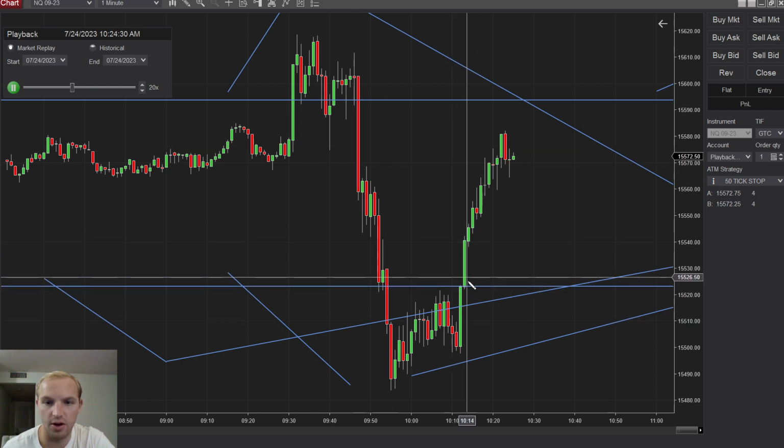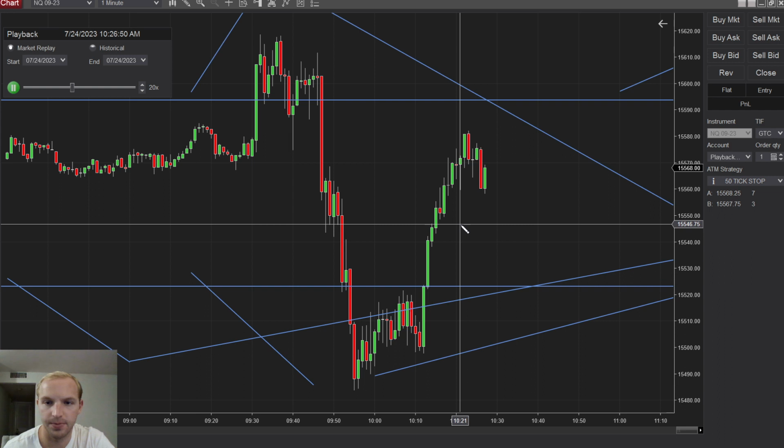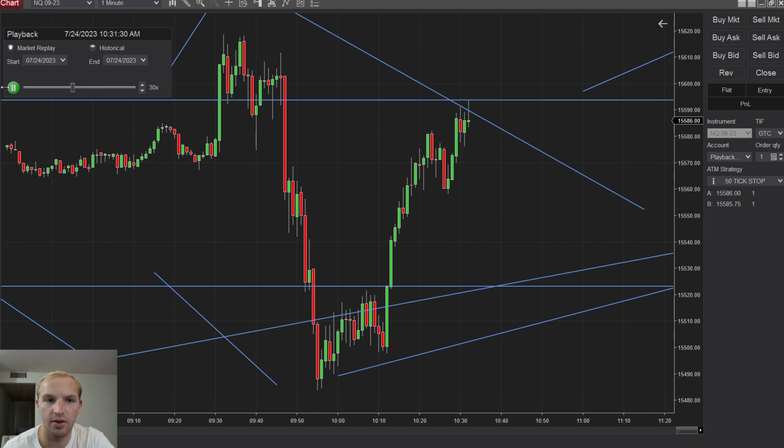This long, if you wanted to be aggressive, you could have got in down here once it broke back into range. But now it's just kind of chopping around. Now we're reaching the top of range again. So maybe if we're going to respect the range, maybe I could take a short up in here because we already took this buy side liquidity out.